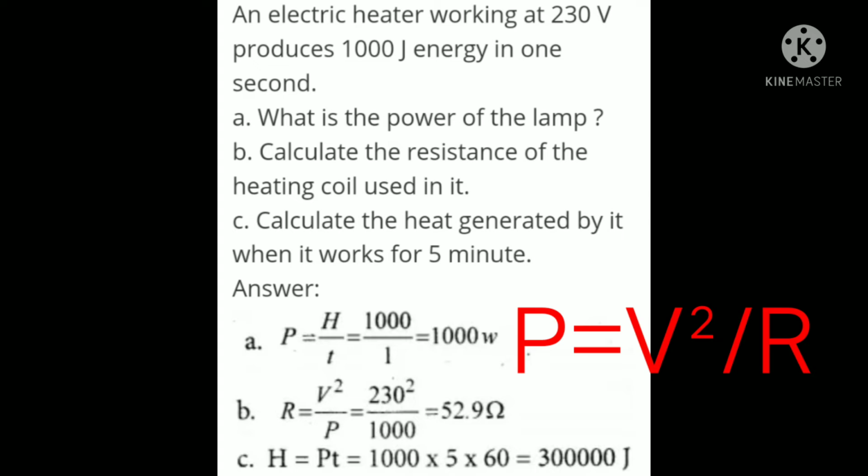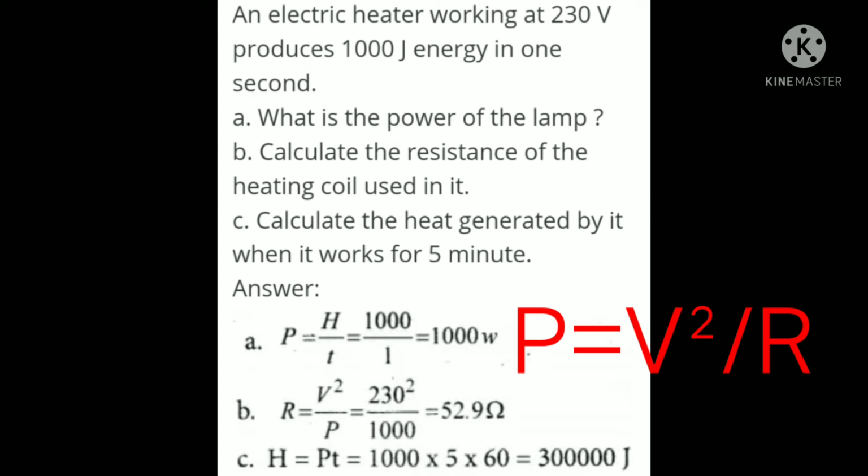Third question, calculate the heat generated by it when it works for 5 minutes. Here, H is equal to P into T. P already we know 1000 watt. Time is given 5 minutes. Substituting this, we got 1000 into 5 into 60.